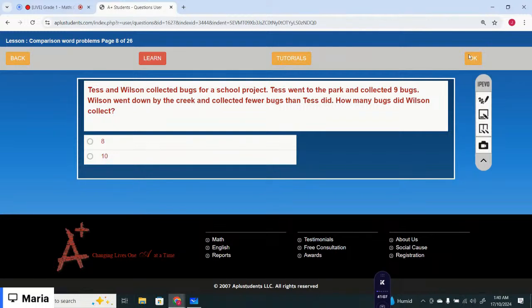Tess and Wilson collected bugs for a school project. Tess went to the park and collected 9 bugs. Wilson went down by the creek and collected fewer bugs than Tess did. How many bugs did Wilson collect? So which is the correct option?